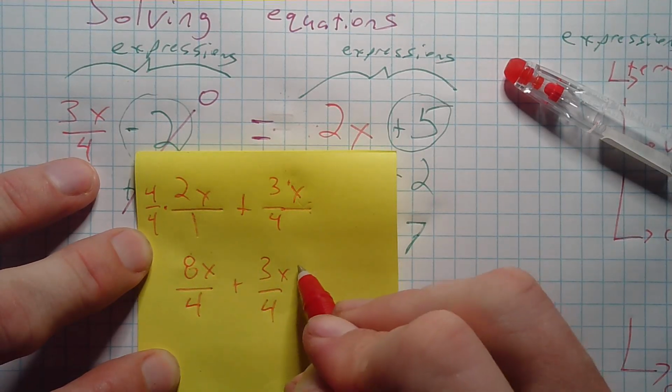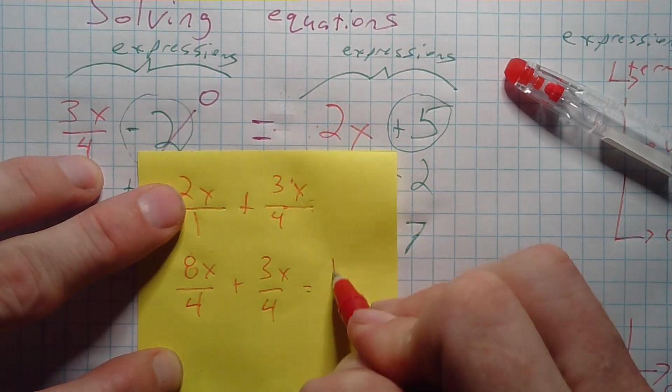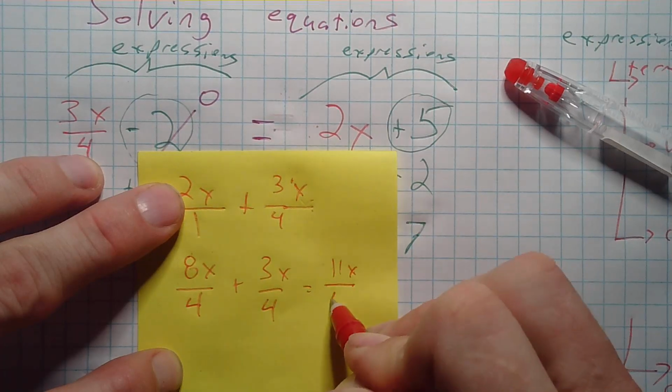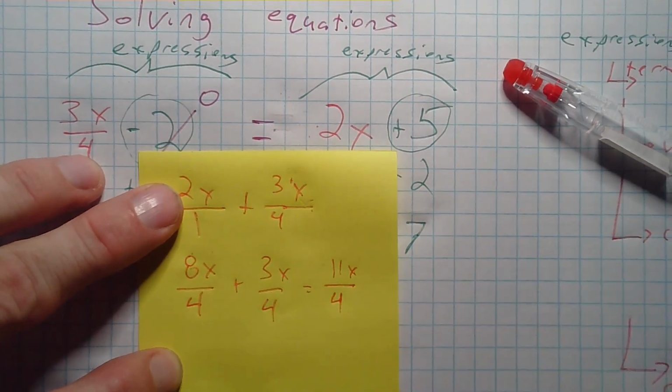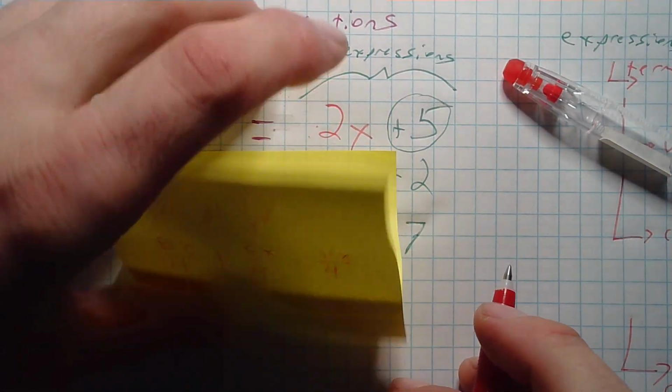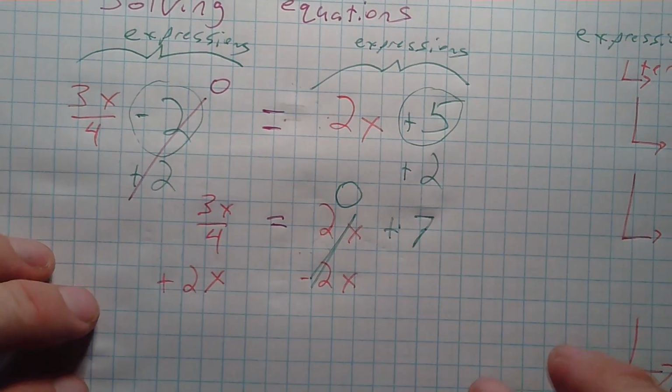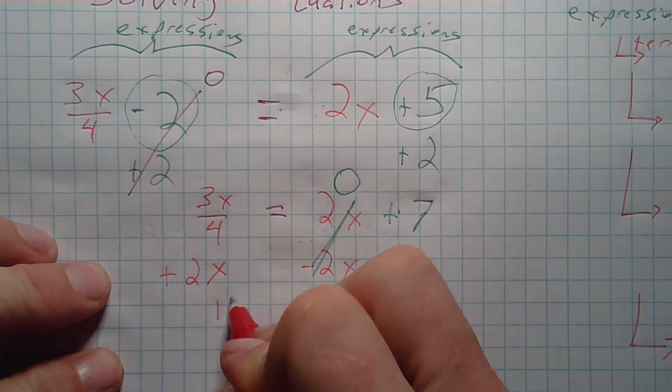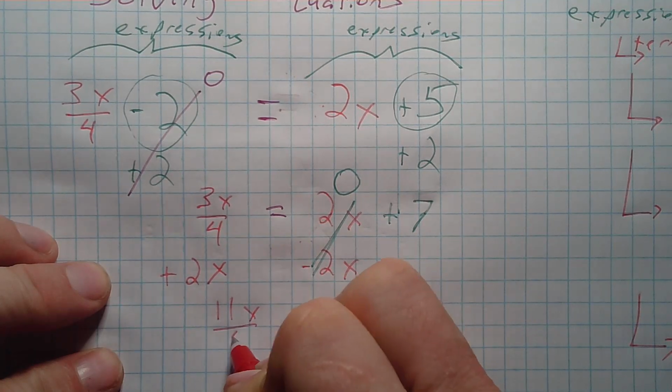So 8 plus 3 is 11x divided by 4. So there is my new x term, which is going to be 11x over 4.